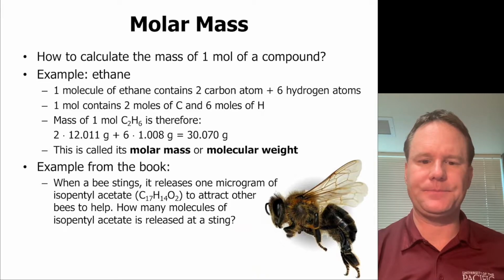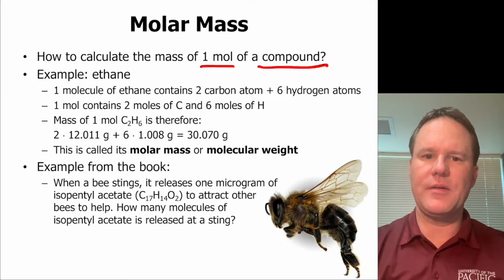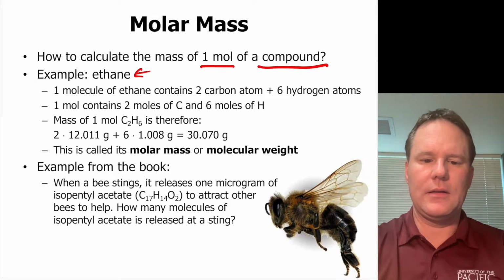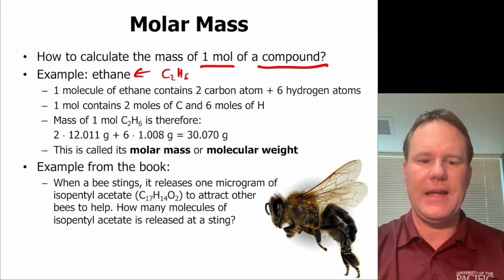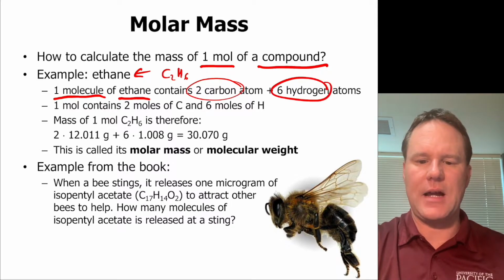So, how would you calculate then the mass of a mole of a compound, right? Well, we know how to get a mole of an element, right? But what about a compound? It's actually fairly simple, because all you have to realize is that, let's say the molecule in this example is ethane, C2H6, which means that 1 molecule of ethane contains 2 carbons and 6 hydrogens.